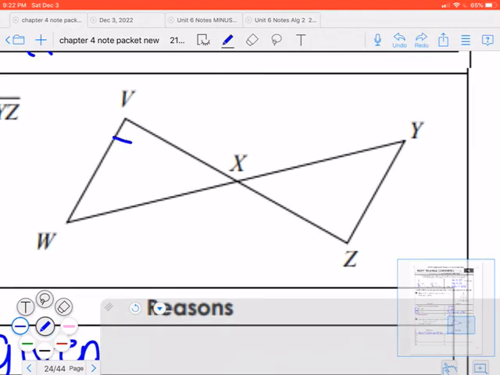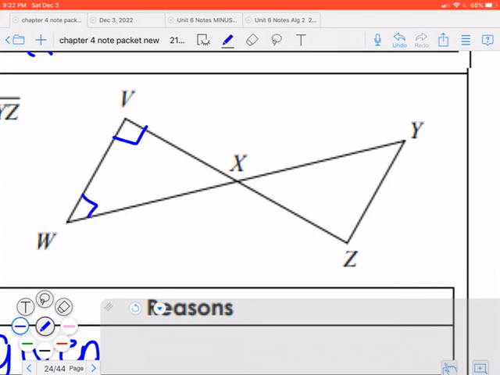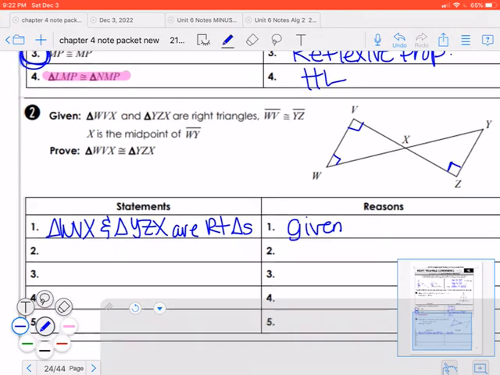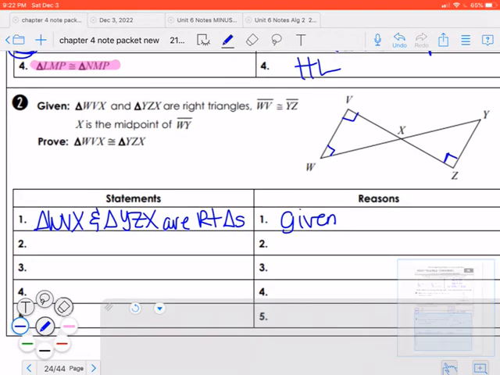I'm going to guess it's this angle because it wouldn't be that one. That looks way too small. So there's our right angles in our triangles, and so far not much I can say.